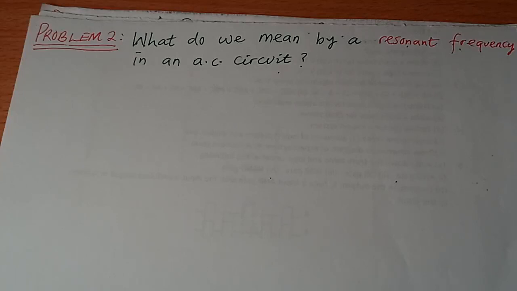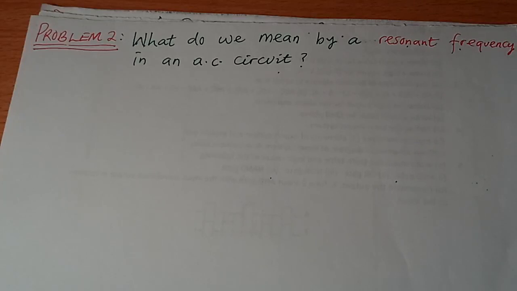Point number two, there is minimum impedance. I repeat, there is minimum impedance. Minimum impedance means that the total electric resistance in the circuit is minimum, is the least you can get.